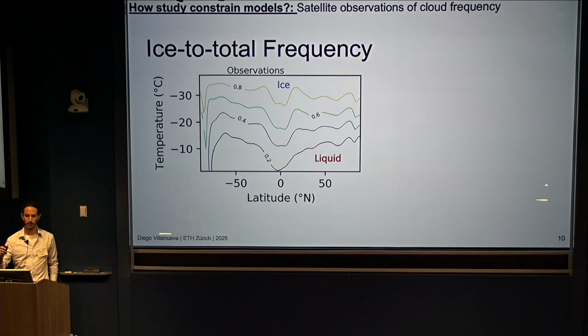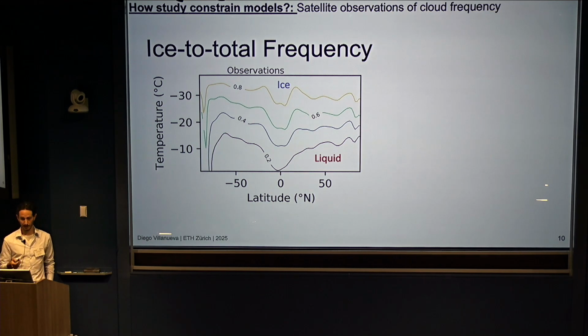The high contours here at the coldest temperatures represent high ice fractions. And this plot shows from the southern to the northern latitudes that at colder temperatures you encounter more ice clouds. And the important thing is that you can then look at differences between hemispheres and seasons to make sense of the influence of dust aerosols.